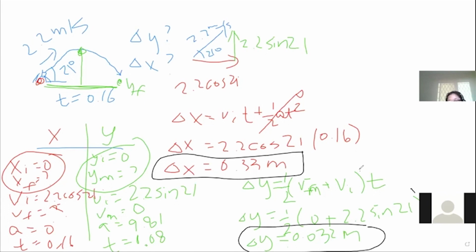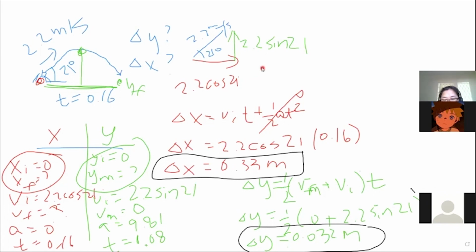Yay. Guys, I have a question. Who's this, Daniela? Yes. Sorry. So my question is, for this one, since it's the velocity of the midpoint, is it possible to use the other formula for change in y? Which one? Velocity initial times time plus 1/2.